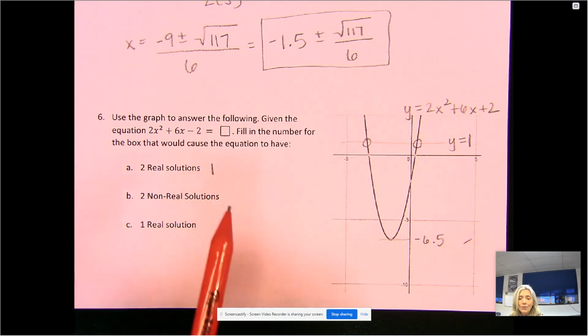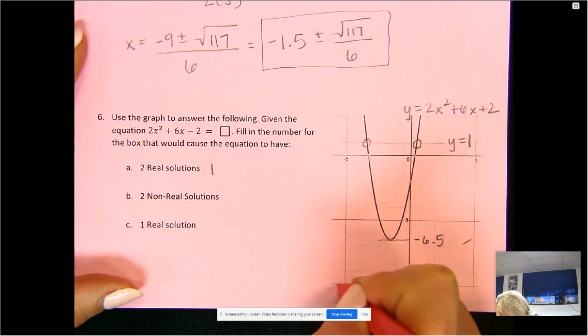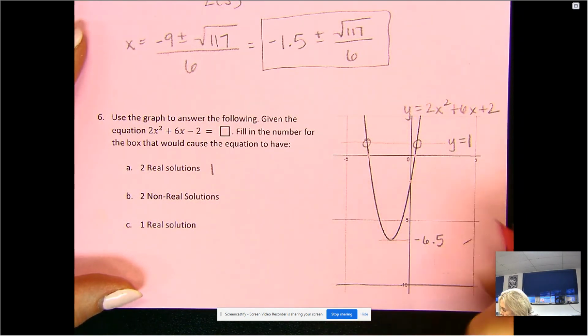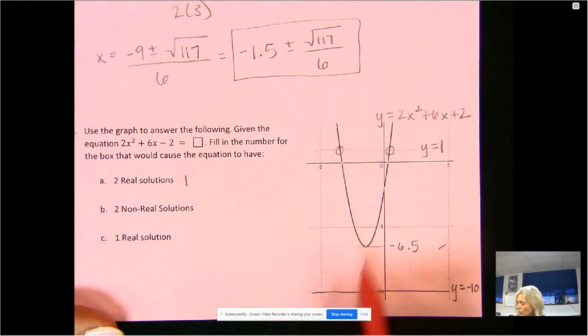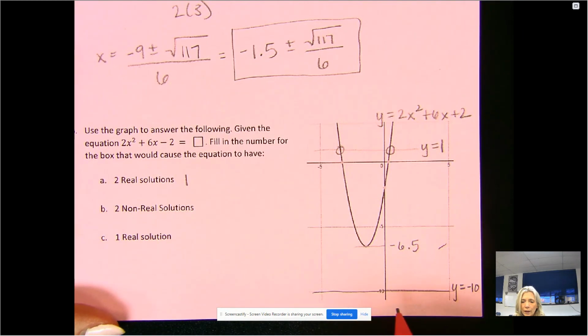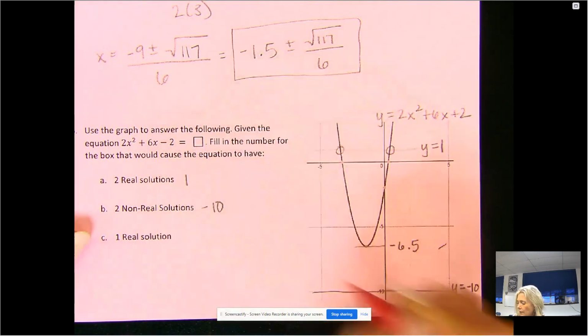Okay, any value below negative 6.5, like maybe negative 10. So this is the line y equals negative 10. We can see it doesn't even touch the parabola. And so we would have 2 non-real or complex solutions. So I'm going to say negative 10 for that.